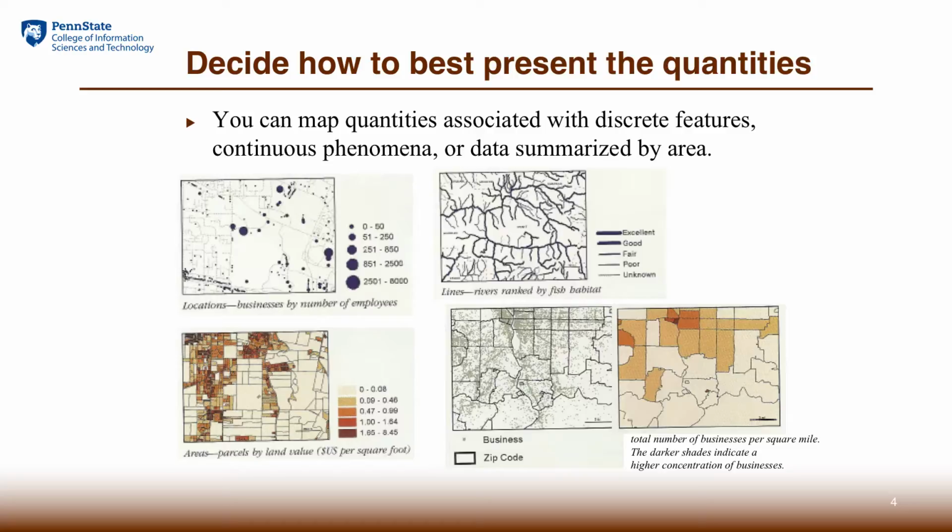On map B, there is a map of rivers that shows the attributes by fishing habitats, and basically classifies each river based on a ranking of the quality of the rivers in relation to fishing habitat. There are a number of classes from excellent to poor. And then map C, each parcel has an associated land value.